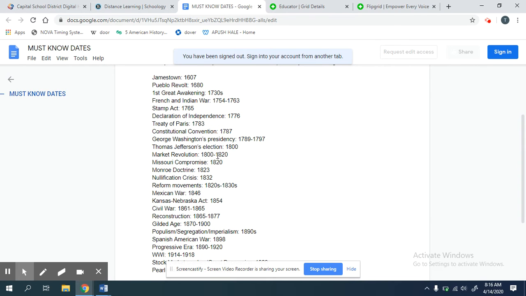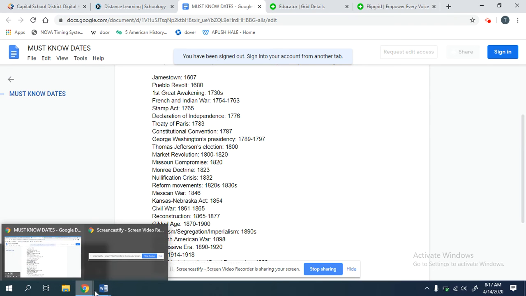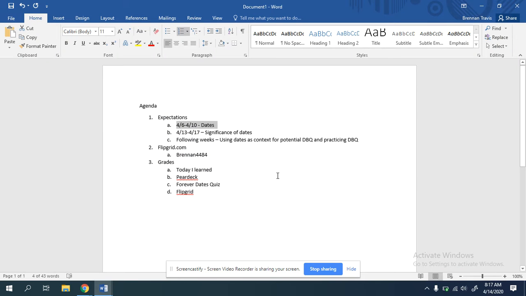So that is where you all will be in a position to talk about these dates in a short period of time, because studies have shown that if you are able to discuss material out loud verbally, you have retained 90 to 95% of that material. So it is definitely an effective way of making sure that you are going to be in a great position for the upcoming AP exam.